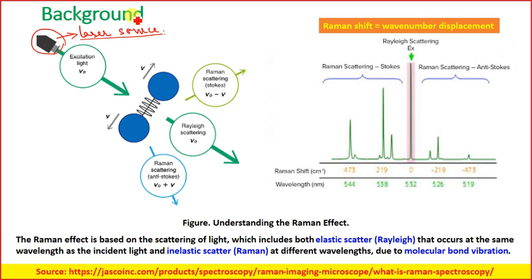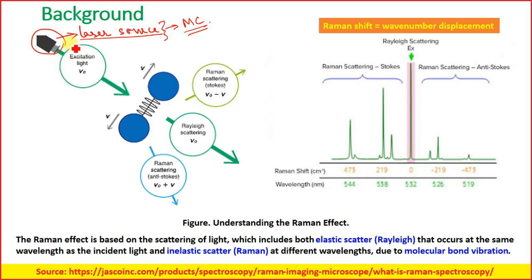Whereas in the laser, what happens? Lasers emit a monochromatic light. Okay, so this is one of the advantages of the laser. The laser will always emit light of a specific wavelength or frequency, whatever you say.